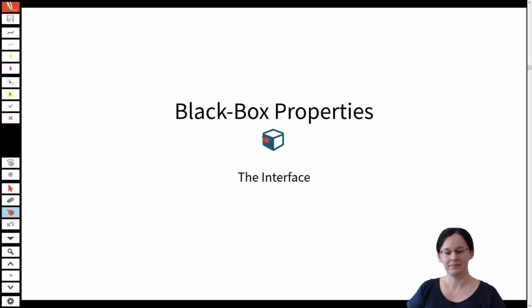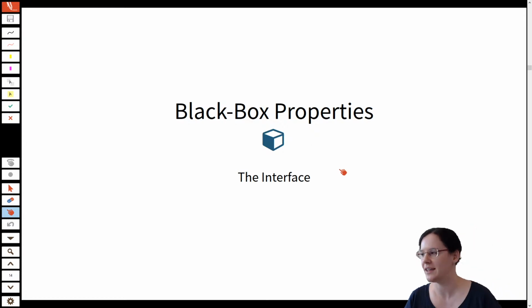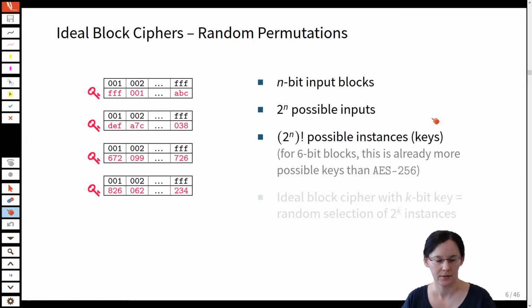So let's now have a look at the black box properties that the schemes we saw so far have. So what is the interface that the different primitives have, and what influence does it have on the security? Let's first talk a bit about block ciphers, because we can talk about the other things once we have talked about block ciphers.